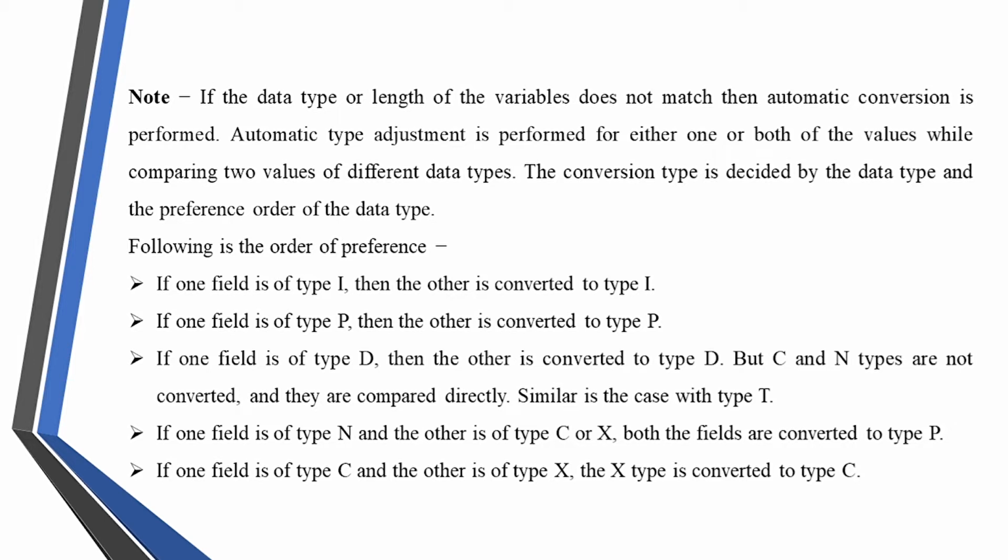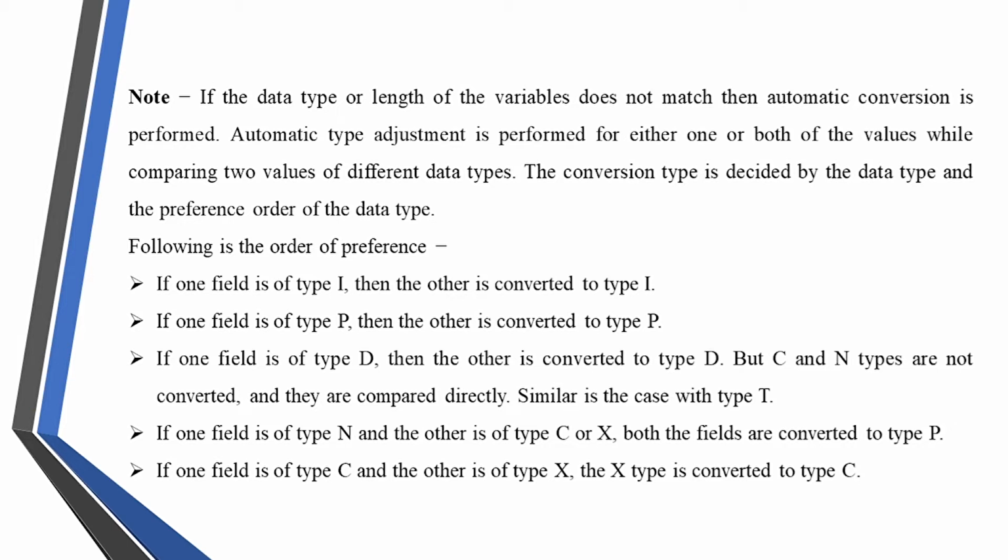That means when you are comparing A and B, they should be of the same data type. If you compare an integer with a character, it will go to dump, that means it will give you an error.